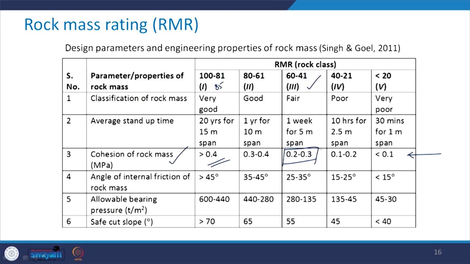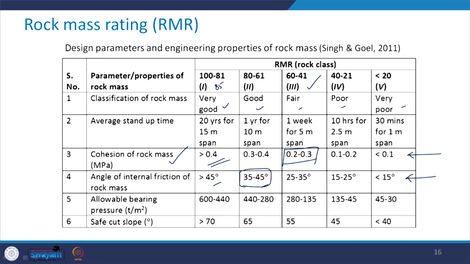Coming to the next, here is the strength parameter, which is the angle of internal friction for the rock mass. Take a look at this row where you have these values depending upon whether it is very good, fair, poor or very poor kind of rock mass. You have the range of the angle of internal friction. For example, for good quality of rock mass, the range is between 35 to 45 degrees.